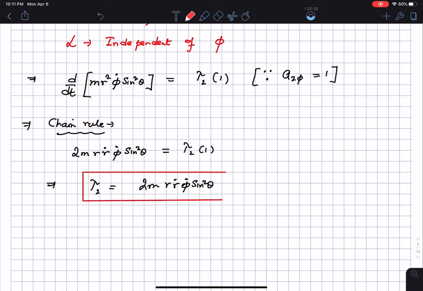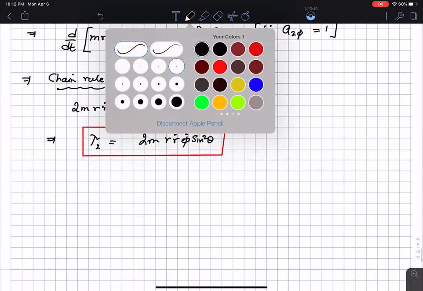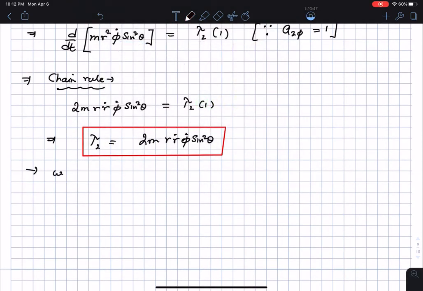Now what we want to do is, okay, we want to unpack and see what exactly are these lambda 1 and lambda 2, what do they really mean. Okay, so we got to unpack and see what lambda 1 and lambda 2 mean.